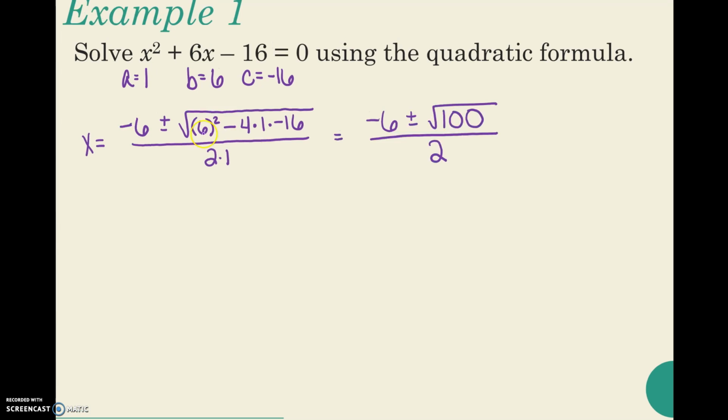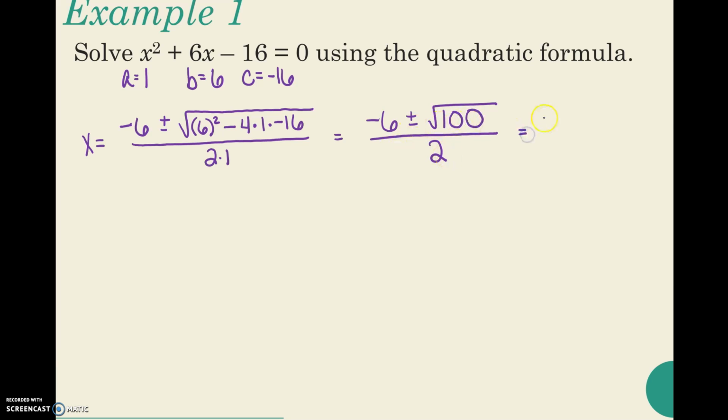Okay, I typed into my calculator, parentheses 6, close my parentheses, squared, minus 4 times 1 times negative 16, and I got 100. I would advise do not put the square root into your calculator yet, because sometimes this is going to be a perfect square, but sometimes it's not. And if it's not a perfect square, you don't want a decimal because there's some other things we got to do. So I have negative 6 plus or minus the square root of 100 divided by 2.